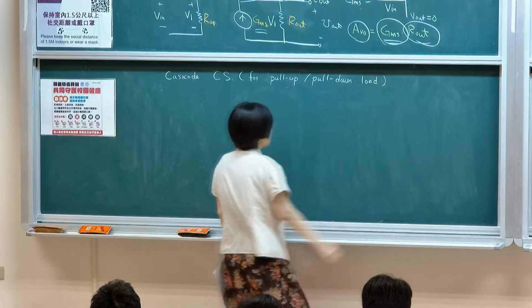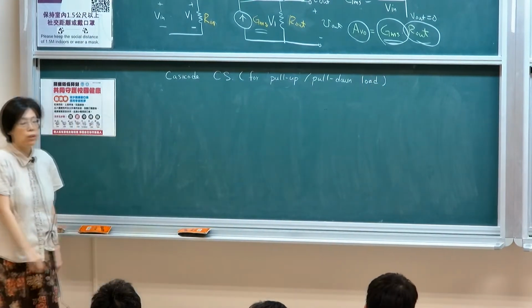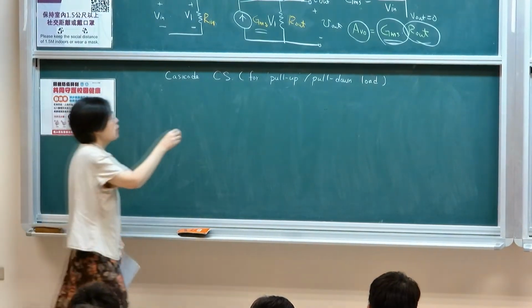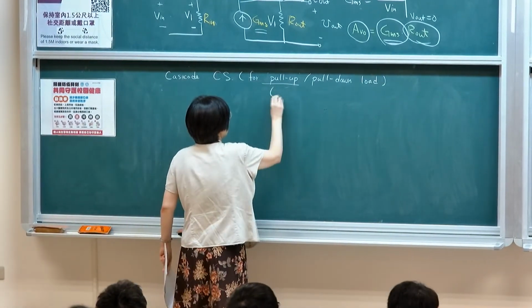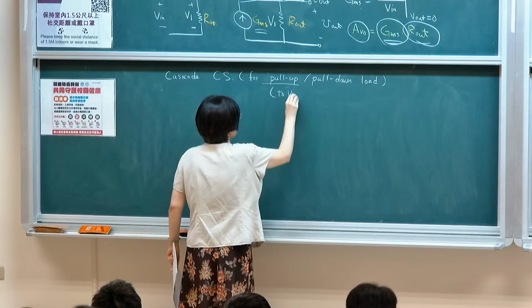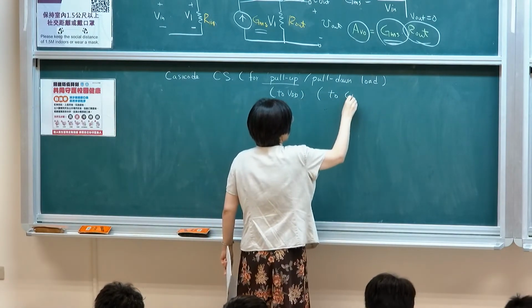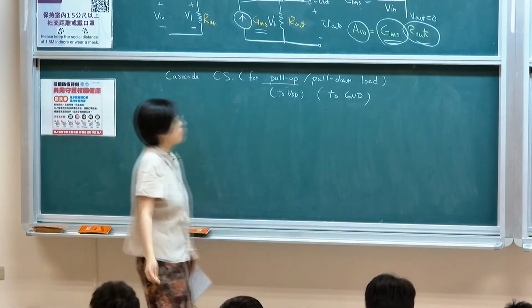What I mean by this is that if I'm using this current source as a pull-up, it's connected to VDD, to high voltage. Pull-down is to ground. Let's just say my lowest voltage is ground.